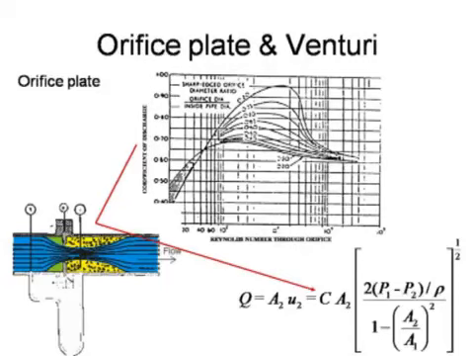So we can have a chart, and you can see here that for Reynolds numbers really above 100 and through 1,000 to 10,000, we're typically looking at a discharge coefficient of 0.6 to 0.7-ish for this particular orifice plate. It will change a little bit with the design of the orifice plate, maybe even getting as high as 0.9, but a typical value is 0.6 to 0.7.